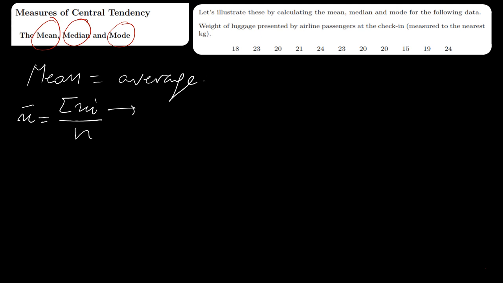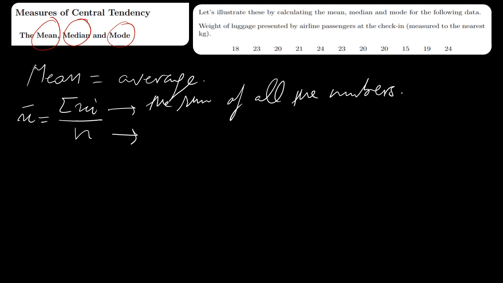Xi is the value, or the sum here is the sum of all the numbers, and n here is how many numbers there are.